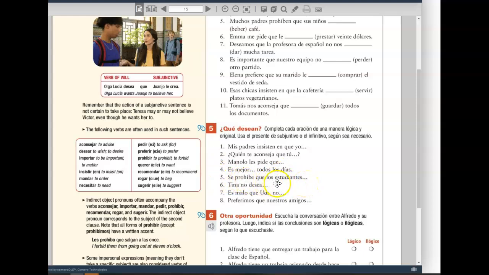Se prohíbe que los estudiantes usen el teléfono en clase. Se prohíbe que los estudiantes duerman en clase. Se prohíbe que los estudiantes no participen en la clase. You gotta engage or participate. Those are just some examples off the top of the head.